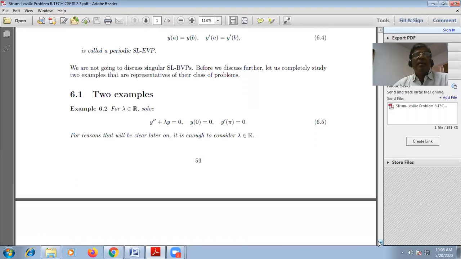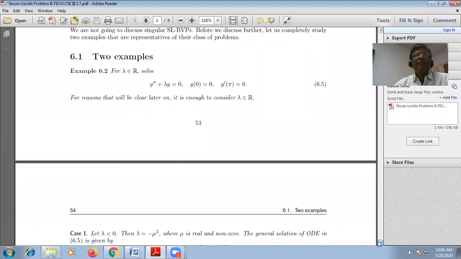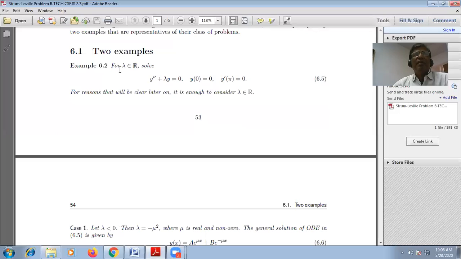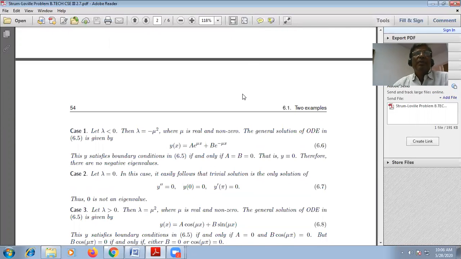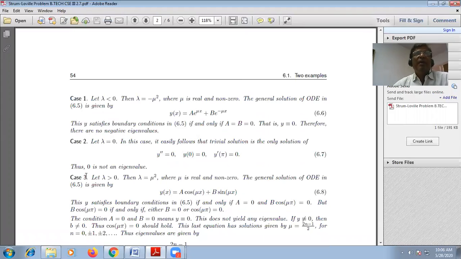we are considering here two examples. For lambda belonging to R, solve y'' + lambda y = 0, where y(0) = 0 and y(pi) = 0. Take it as any equation. For reasons that will be clear later on, it is enough to consider lambda belonging to R. And here are case 1, case 2 and case 3.